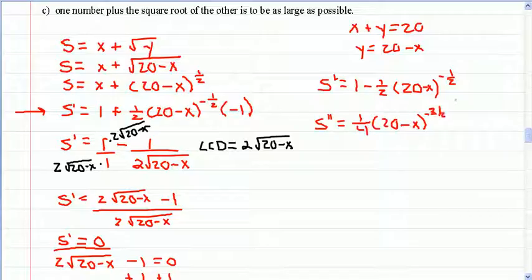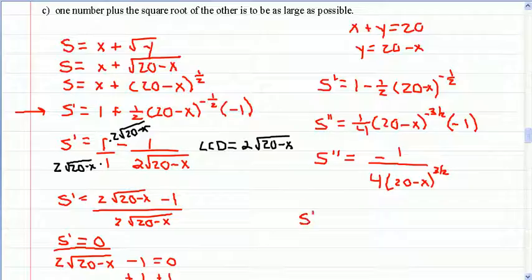I subtract 1 from negative 1/2, and then using the chain rule I take the derivative of what's inside, which is negative 1. I can write the second derivative as negative 1 over 4 times 20 minus x to the power of 3/2.